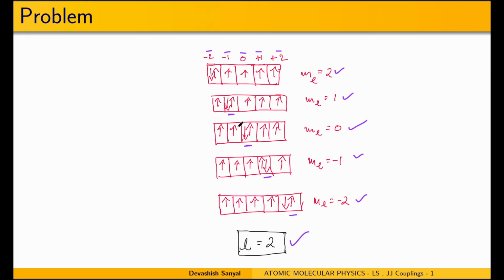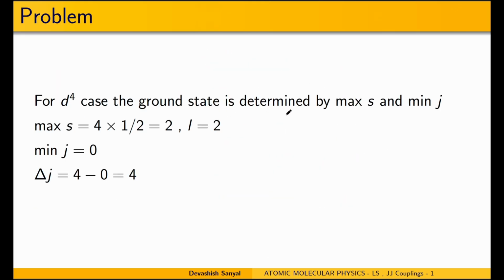3d4. In 3d4, the ground state is determined by maximum S, maximum L and minimum J. Maximum S is like before: we have 4 electrons, so it will be half plus half plus half plus half, that is 4 into half, that is 2.